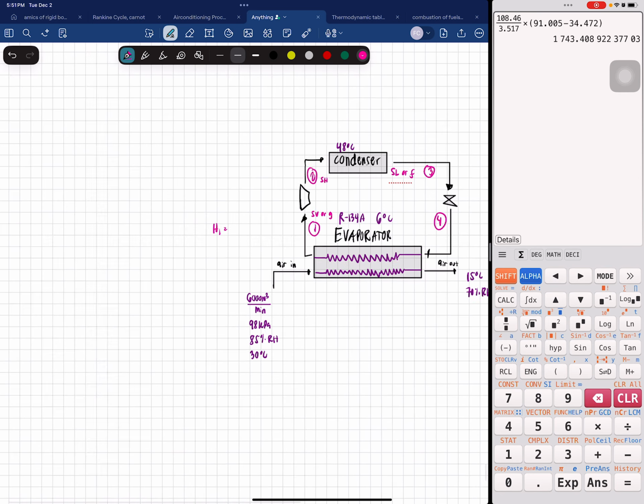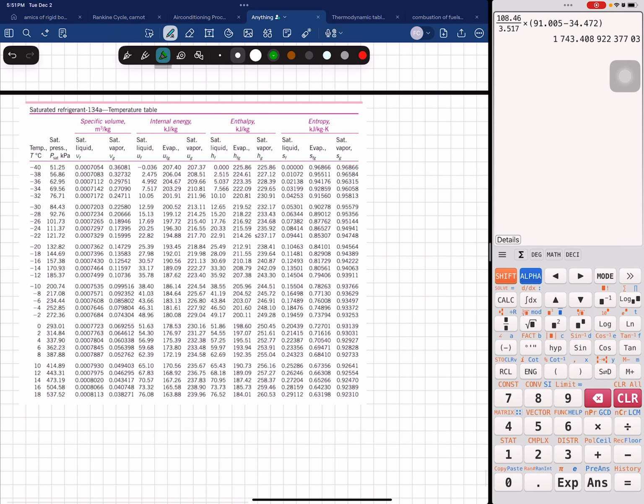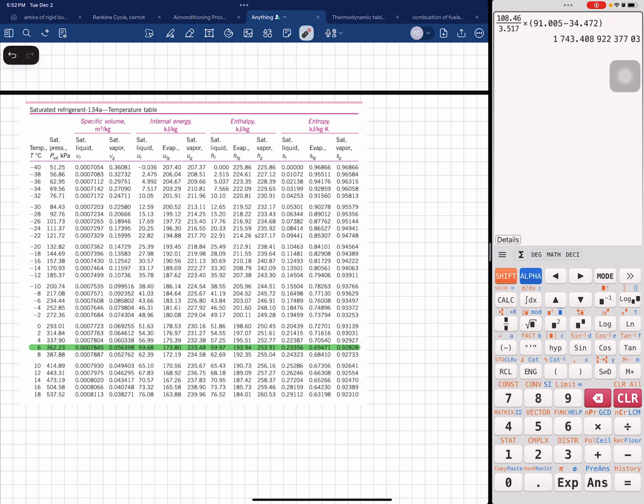H1 equals the saturated vapor, or G. So, at 6 degrees Celsius, where is that? Enthalpy is here. So, it's 253.91, alright? Saturated vapor, or your Hg.